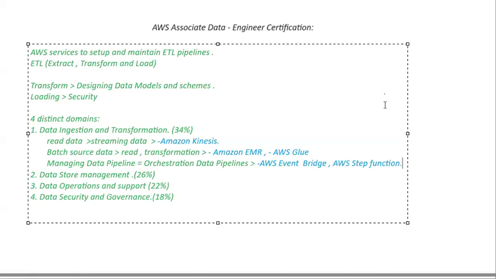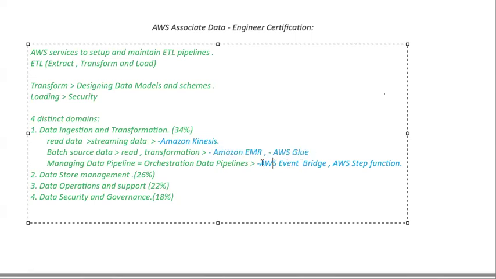What is Step Functions? It is the same as a state machine. Let's say I have taken a two-step state machine: in the first state you can perform one operation, and in the second state you can perform another operation. In this way, you can manage your data pipelines. So in the first domain, 100% you need to learn about Amazon Kinesis, Amazon EMR and AWS Glue.